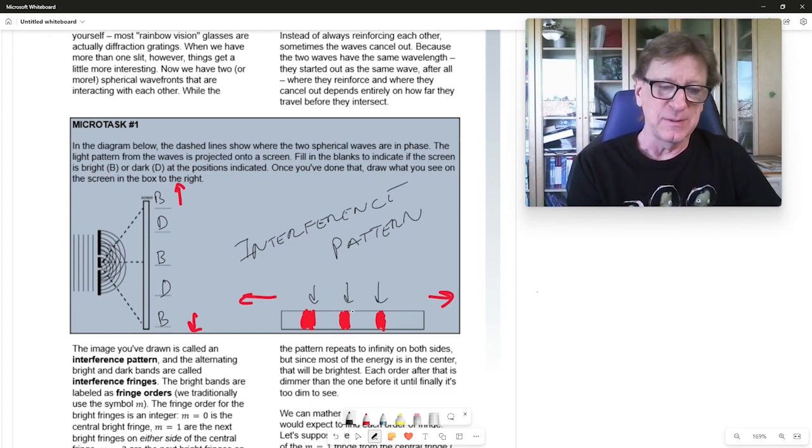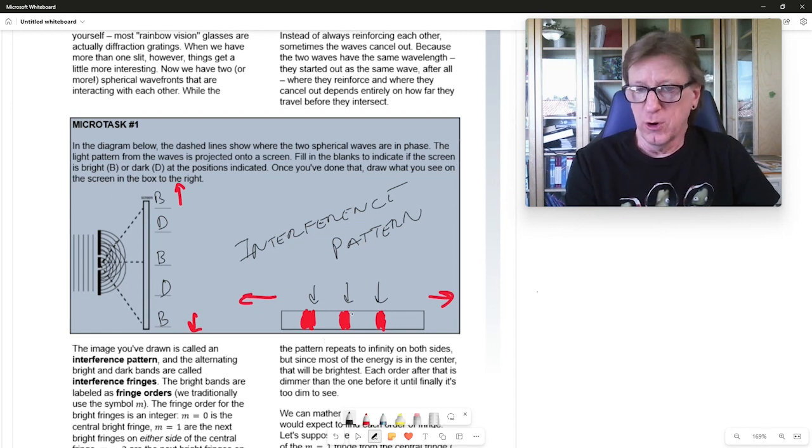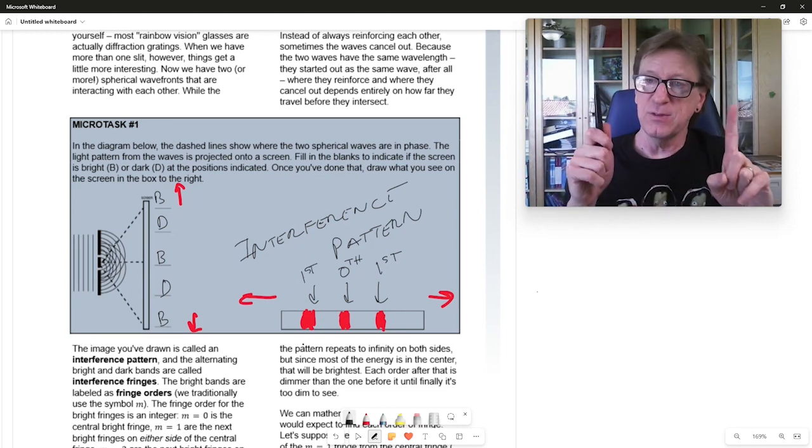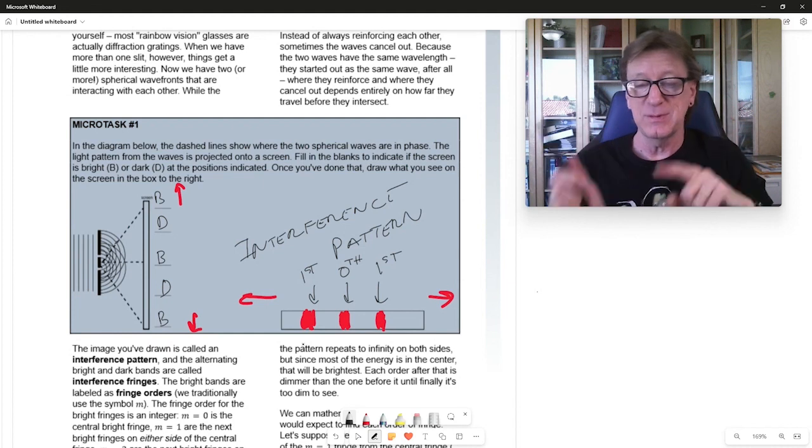It's kind of what it looks like. Each band we call a fringe order. So this central one is the 0th order fringe. It's the central maximum. This is a first order fringe. This is also a first order fringe because it's the first one on either side, and they will have the same brightness. They will have the same intensity.